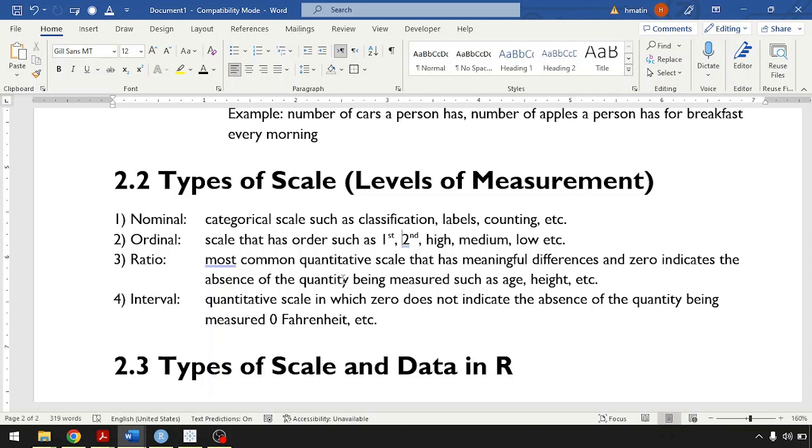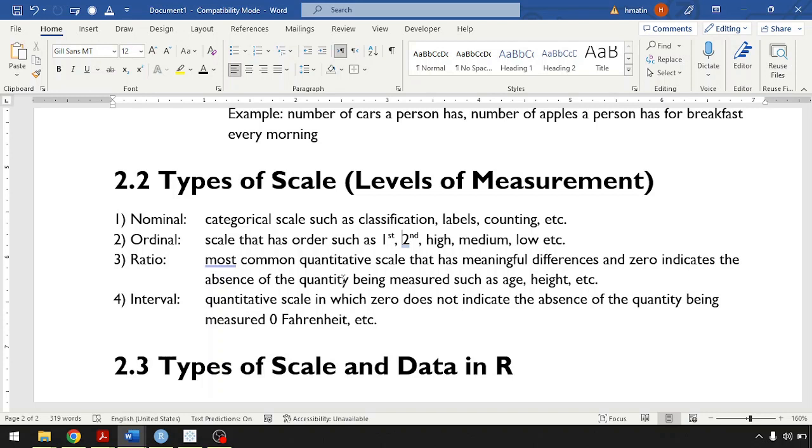On the other hand, we have interval, which is pretty much a ratio scale, a quantitative scale, but with the exception that zero does not indicate the absence of a quantity. For example, 0 Fahrenheit, although it's a measurement of temperature, does not indicate that there is no temperature.